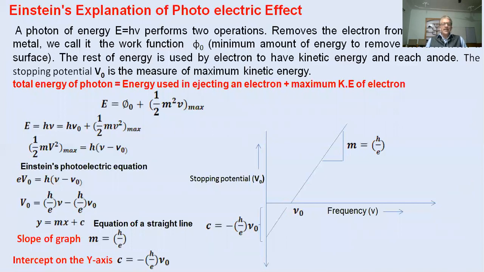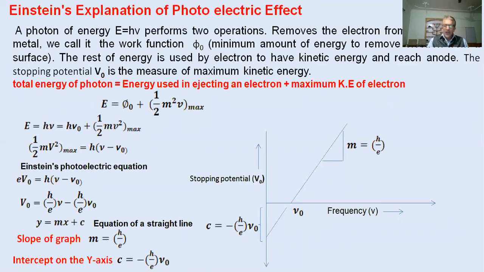Then Einstein explained the photoelectric effect. He took an idea from Planck's radiation law, in which the oscillator has a quantized energy, E equal to h nu.